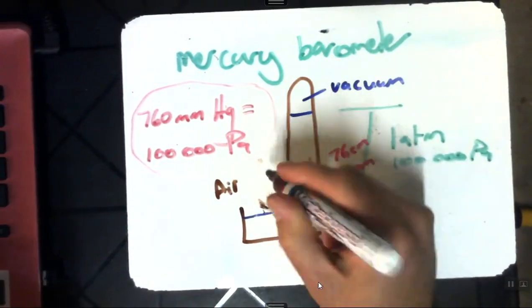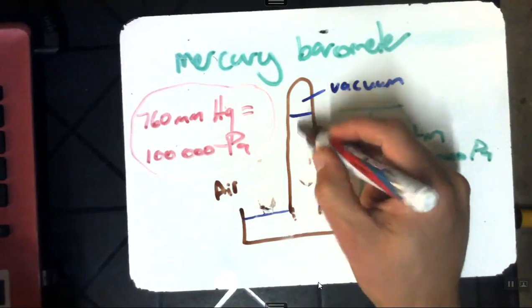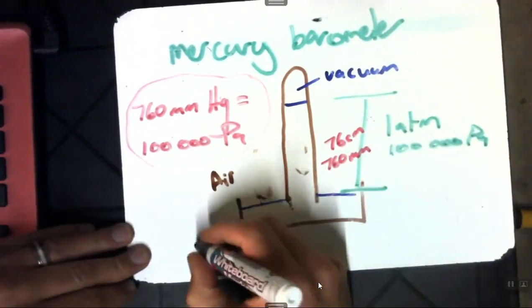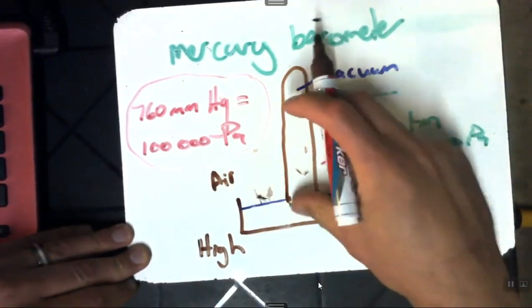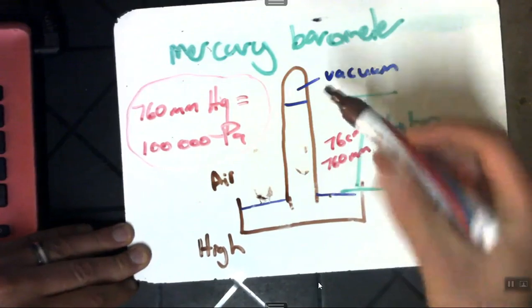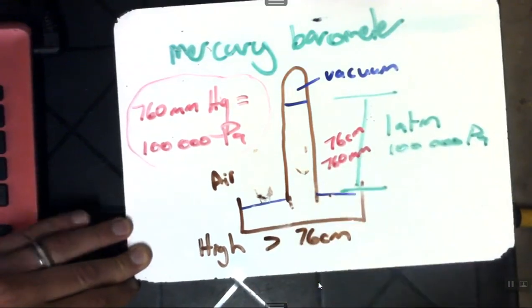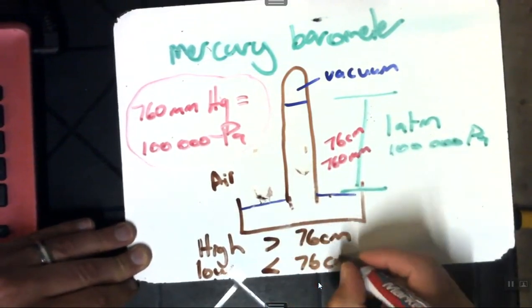So if there's a drop in air pressure, the air pressure pushes less and this will drop. So at high air pressure the distance from this level to that level is bigger than 76 centimeters, and at low air pressure it's smaller than 76 centimeters.